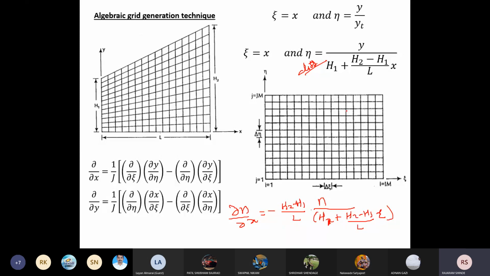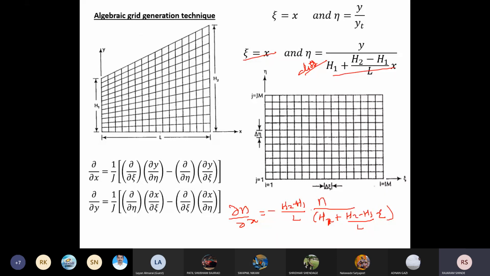So I have written this equation in terms of eta, that is y equal to this into eta, and used that term for replacing y. Then you get the term in terms of x, and for replacing x I have used this relation. With this you get h2 minus h1 upon L, eta, over h1 plus h2 minus h1 upon L into xi. This is the matrix term, the derivative of eta with respect to x.